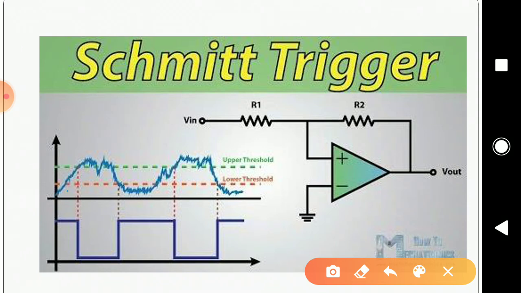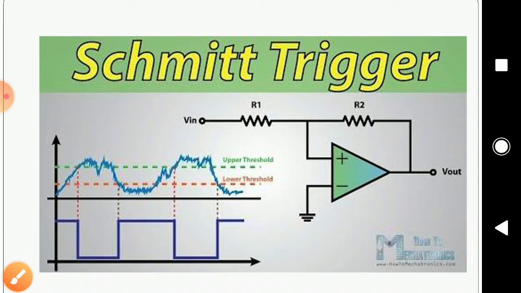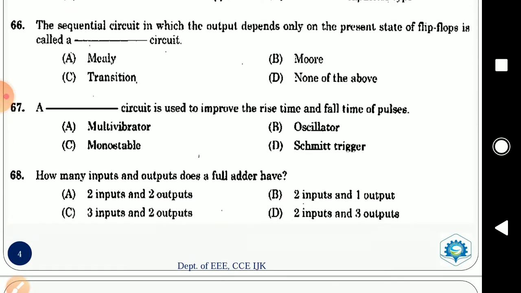This was the waveform of the triggering pulses, and you can see that it is not perfect. The rise time and the fall time are high. But after giving the waveform to the Schmitt trigger, we could obtain better waveforms. So that is why we are using a Schmitt trigger.